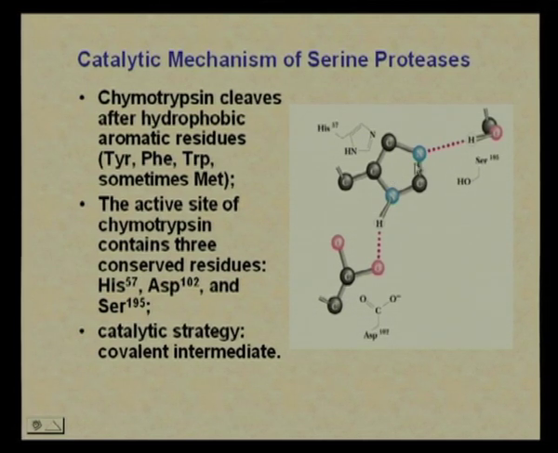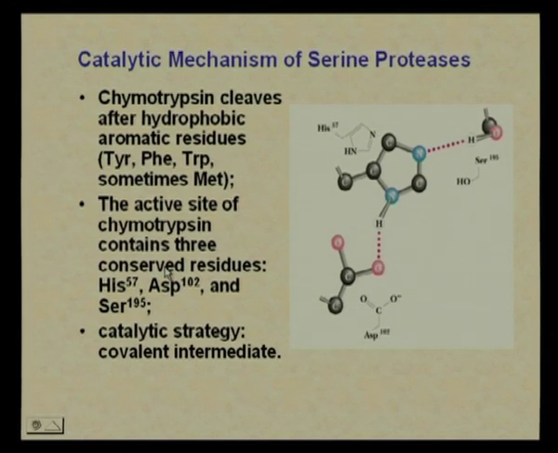So, what do we have here? We have serine 195, histidine 57 and aspartic acid 102. Again, chymotrypsin cleaves after hydrophobic aromatic residues, usually tyrosine, phenylalanine and tryptophan, and sometimes methionine. The active site of chymotrypsin contains three conserved residues. It means it contains these three residues.